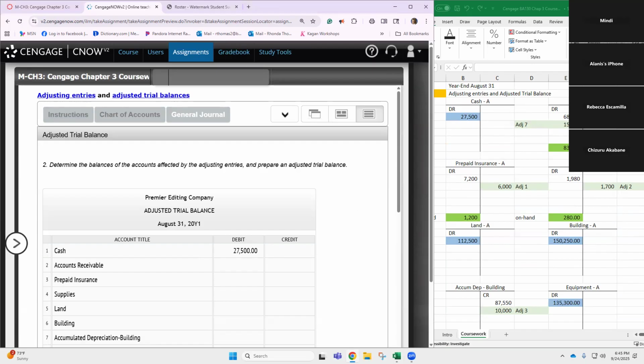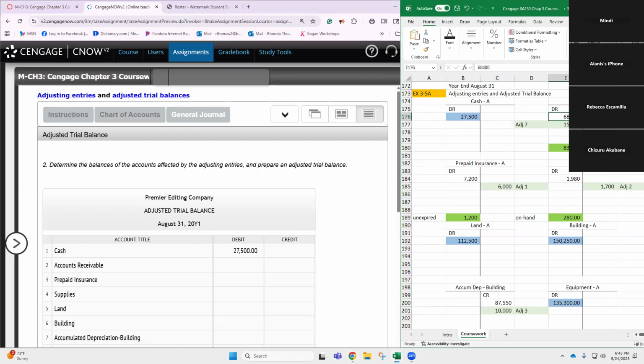How about accounts receivable? If you look at it on your T account, and I'm looking at it on here, right? If you followed along, you should have made an adjustment to that. That was actually adjustment number 7. Should have made it go up $15,000. So the new balance in accounts receivable should be $83,400 if I've got my stuff in there right.